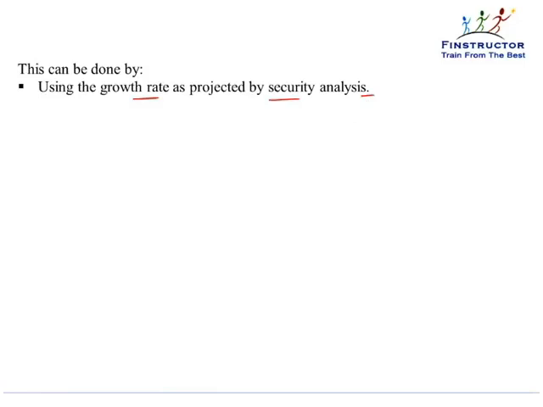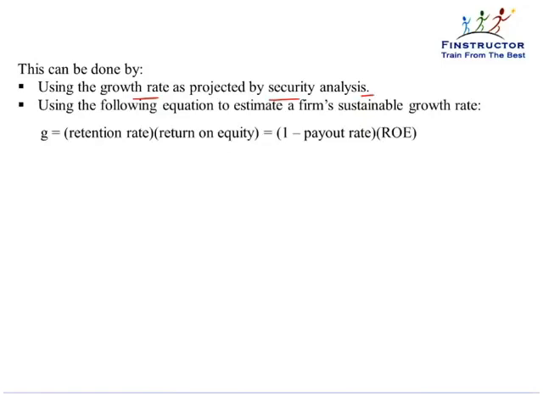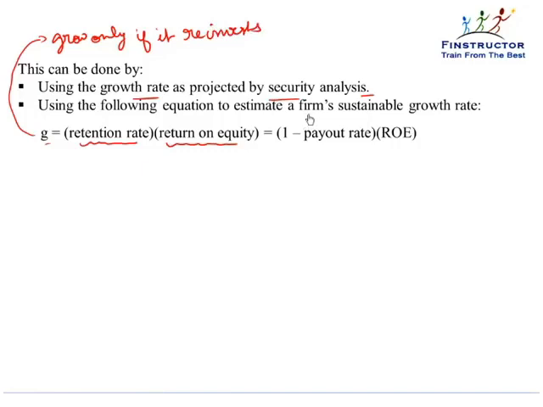Another method that we have studied in financial reporting, if you've already seen that video or you can check out that video, is to calculate G as the retention rate multiplied by the return on equity. So this theory says that the company will grow only if it reinvests. If the company chooses not to reinvest, then it will just sustain the current level of business at best. It will not grow. Retention rate tells us how much am I reinvesting.